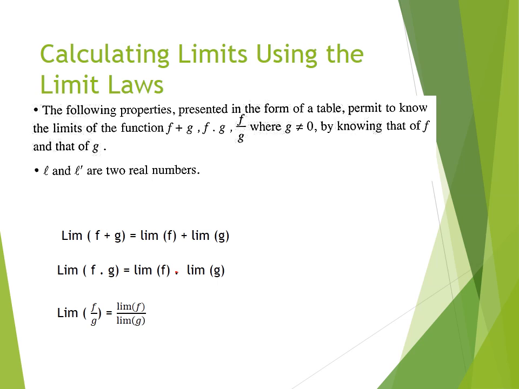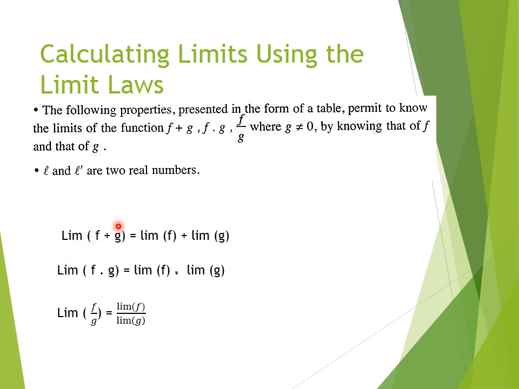So first of all, in order to calculate the limits, we have to know the limit of two functions that are added together. If I have two functions and I need to calculate their limits, I can separate them, every limit alone.